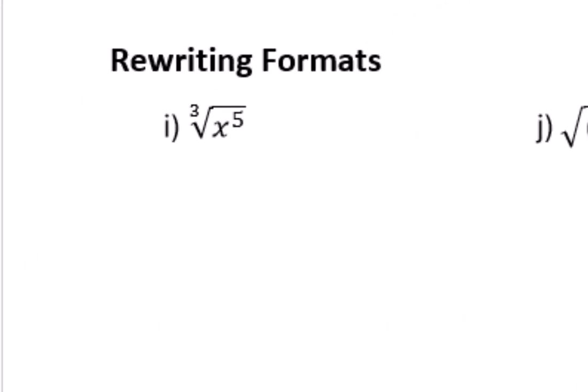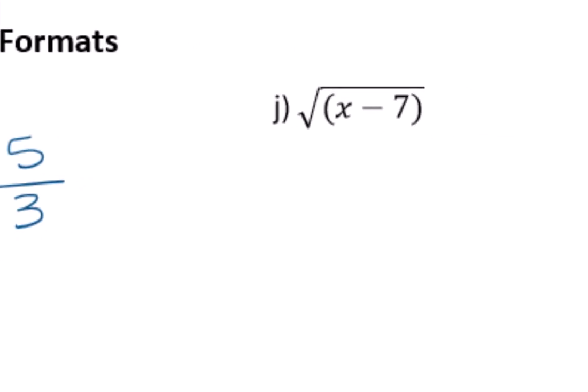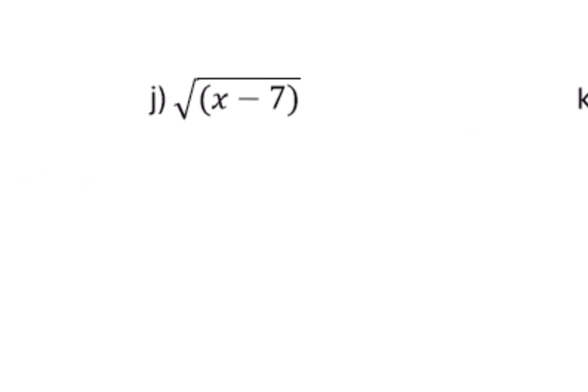So let's practice rewriting some of these formats. In I, we have an index of 3, an exponent of 5. So we would write x to the 5th divided by 3. In J, notice we do not see an index or an exponent. If it helps you, you can write them in.